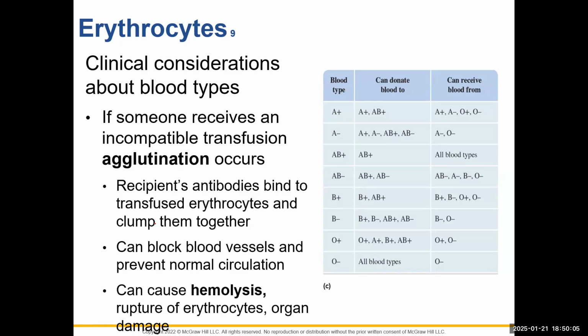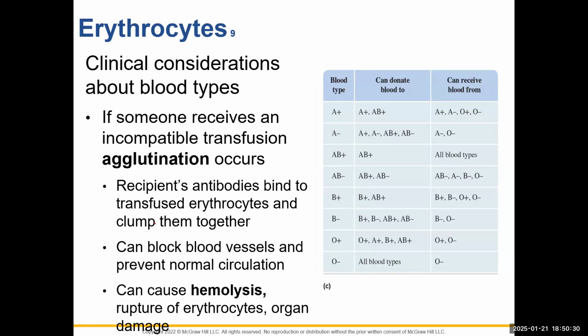This helps us determine who is safe to donate blood to certain individuals. For example, I am A positive, and you can use this to look at yourself if you know your blood type. This means I can donate blood to another A positive person and a person that is AB positive.